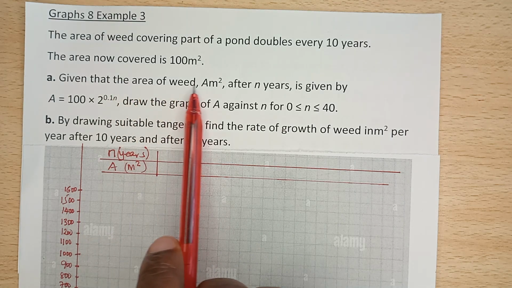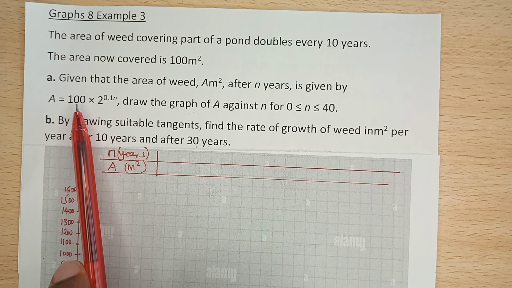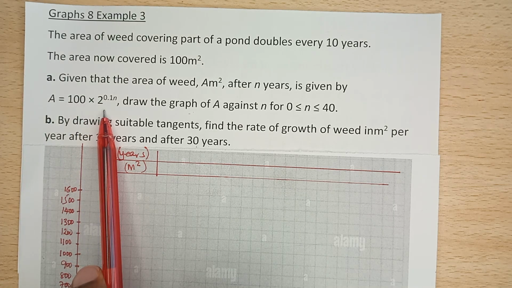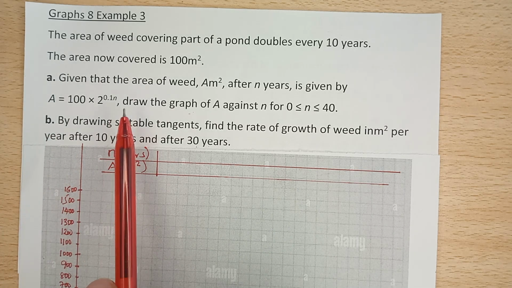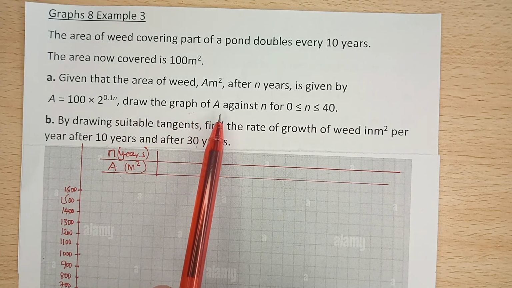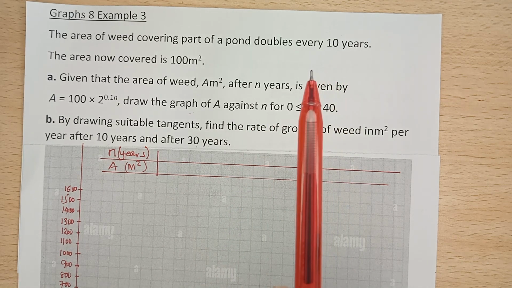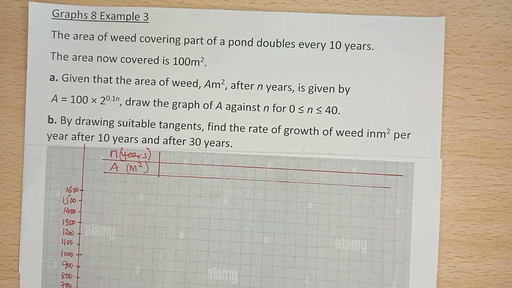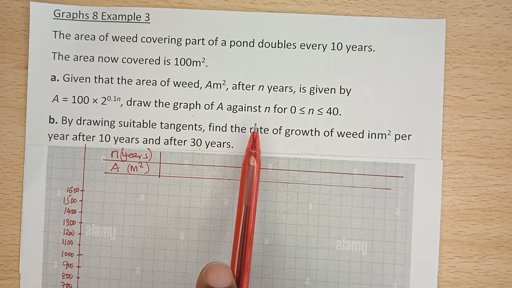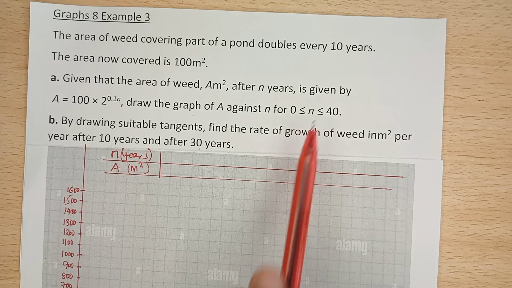Given that the area of weed, A meters squared after n years, is given by 100 times 2 raised to power 0.1n, draw the graph of A against n for n between 0 and 40.